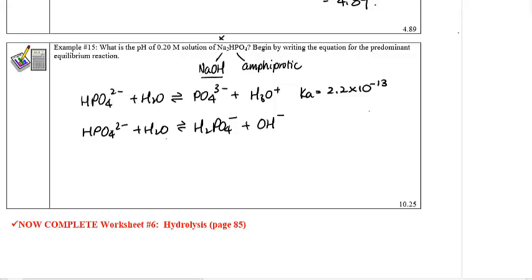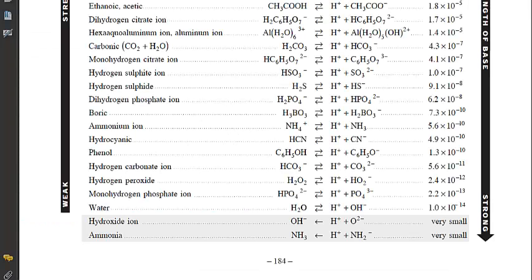Now, when we analyze the second one, we have to take a look at our conjugate acid and conjugate base. Unfortunately, this equation is only looking at the Ka of the H2PO4- and not the Kb of HPO4 2-. And so what we need to do is do some calculations to convert the 6.2 times 10 to the minus 8 into the Kb value.